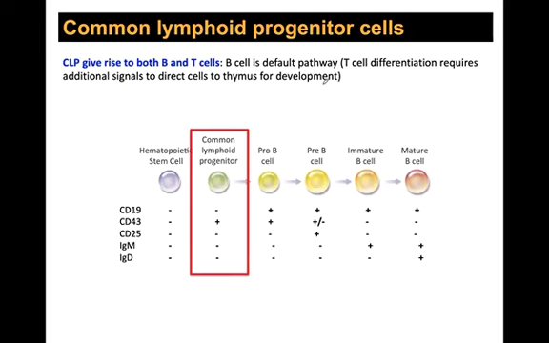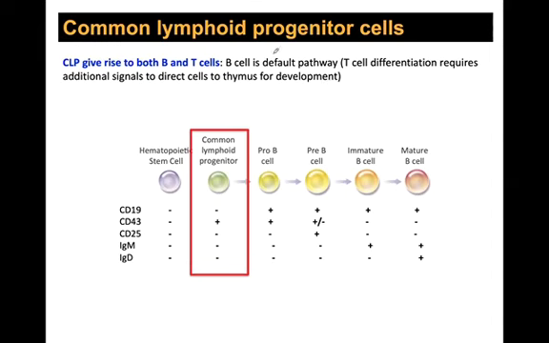So let's talk about what happens at each of these steps, okay? Now, we don't go into all of the signals, and here I've included some surface markers for how you can tell which of these cells is which. But really, we have to go back to the hematopoietic pathway, where you have a hematopoietic stem cell, it's going to give rise to a multipotent progenitor, which gives rise to a common lymphoid progenitor.